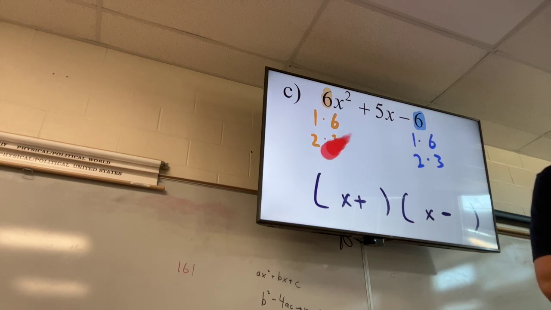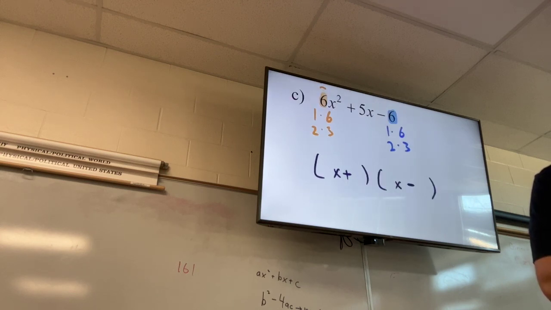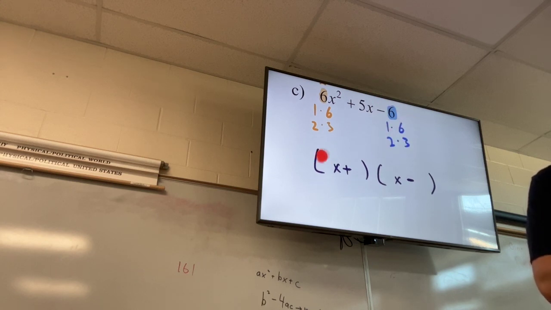Okay, so when we FOIL back out, we'll get the first numbers, right? That'll give us 6x squared if we just pick one of these pairs. When we do the last, it'll give us the right constant back because we wrote out the factors of the blue number. When we multiply the outer numbers together, that's going to be a negative.